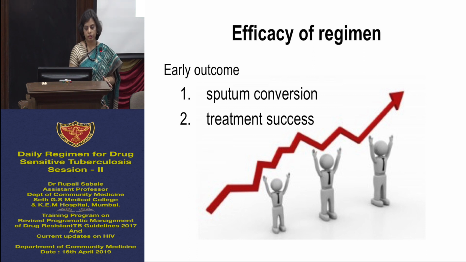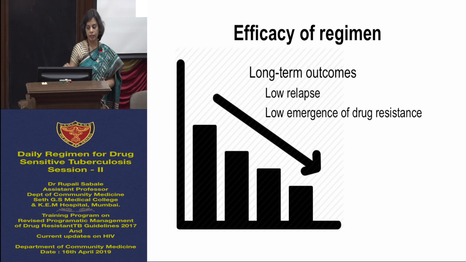In early outcome, it is sputum conversion and treatment success. The daily regimen which I will be talking about has a very high sputum conversion rate and treatment success rate. Similarly for long-term outcomes, it has shown a low relapse rate and low emergence of drug resistance.